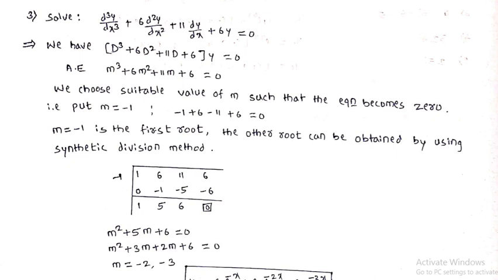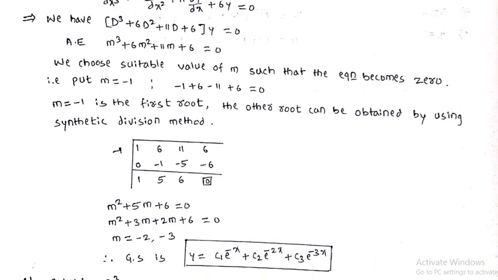Now multiply -1 and 1 and write here, and again add 6 minus 1 which gives 5, and once again multiply 5 into -1, write here -5, and 11 minus 5 gives 6, and lastly 6 into -1 is -6. So 6 minus 6, the last value is always 0.